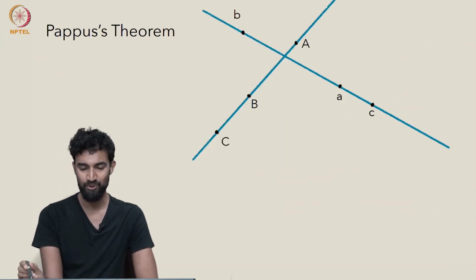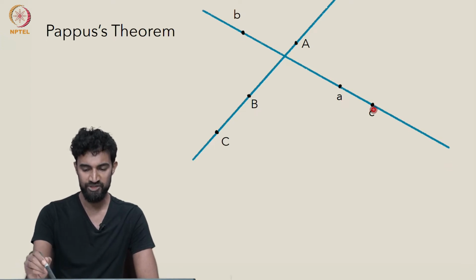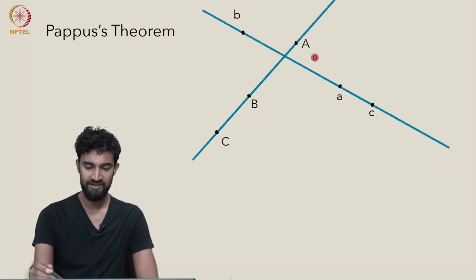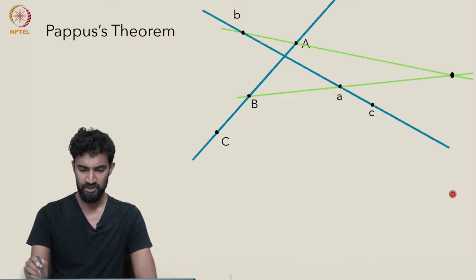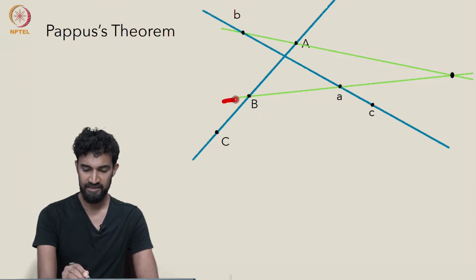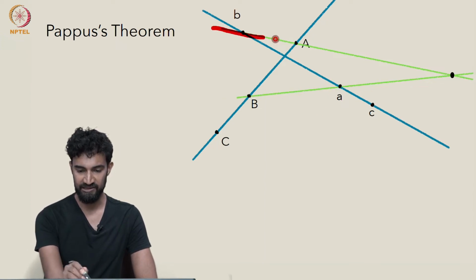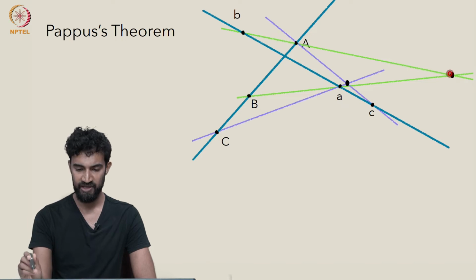Or let's do another example where the lines are crossing and the points are on both sides. So we have A, B, C, and little a, little b, little c on this line. So we get that little a, b, and little b, a meet here.